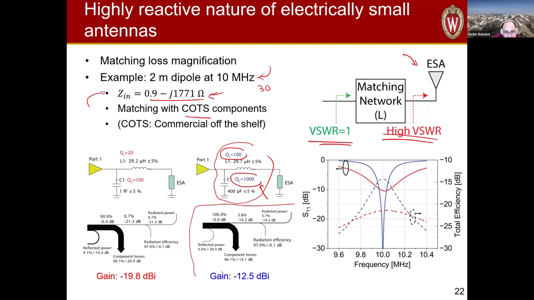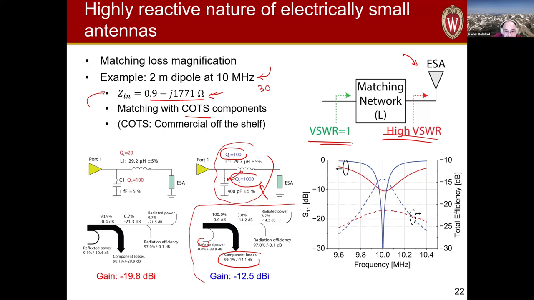In this picture, we are seeing that I don't have any reflected power, so my impedance matching is really good. I have about 96% of my power lost to the losses of the inductor and capacitors. So that's about 14 dB of loss just in my matching network.